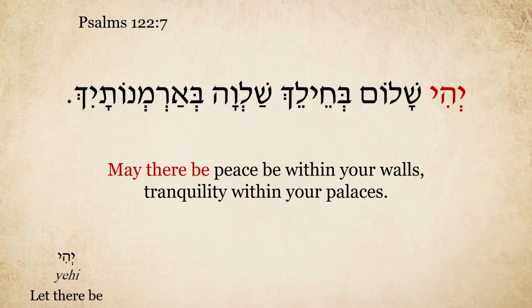By the way, there is another meaning for yehi, expressing hope. In Psalms 122:7, yehi is used to wish peace and tranquility to the city of Jerusalem. This usage as wishing or hoping for, or "may it be," appears in more hymns in Psalms and several other places across the Bible. Another point to make is that in Hebrew, the future and the imperative are strongly linked.